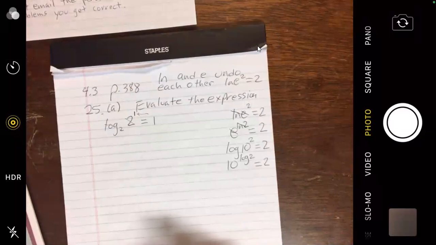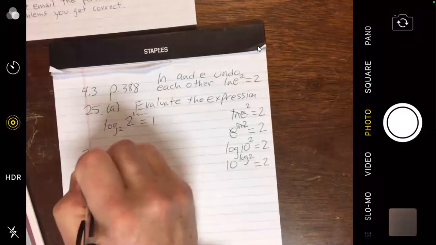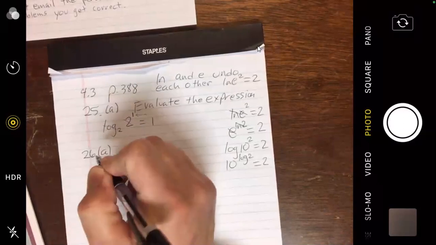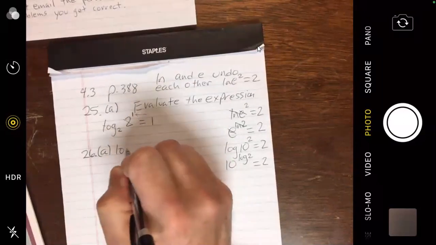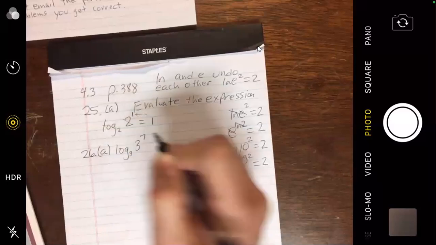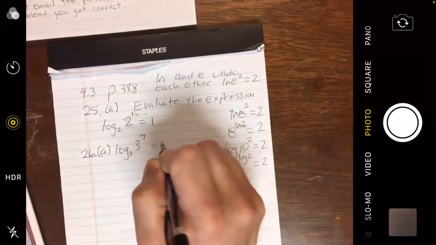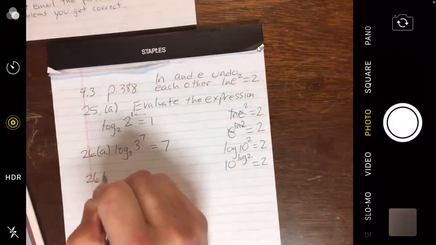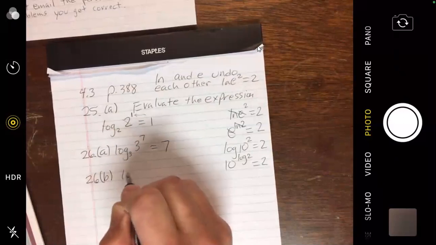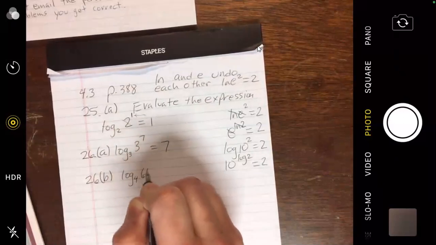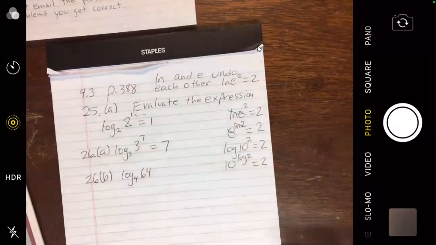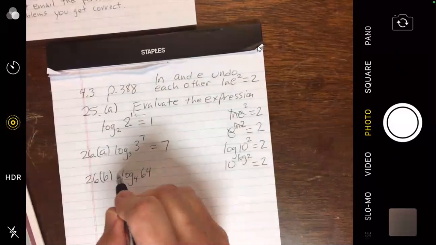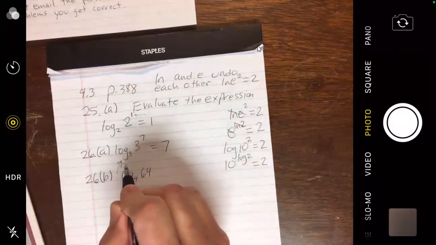26a is pretty similar. Log base 3 of 3 to the 7 power, of course, would be 7. Some of them have a few more steps. In 26b, log base 4 of 64, the idea is you've got to rewrite it to look like this.